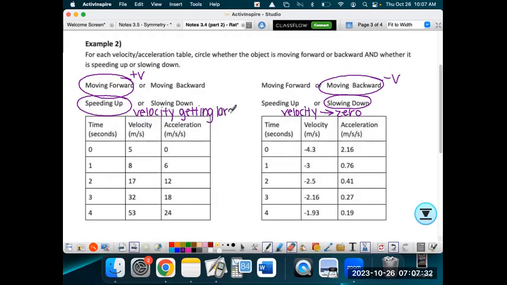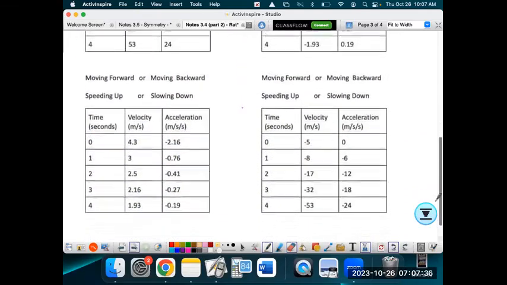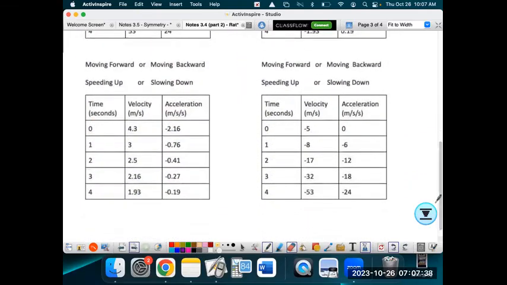Okay, next table. Velocities are all positive, so we are moving forward. And then the velocities are getting closer to 0. So we are slowing down.